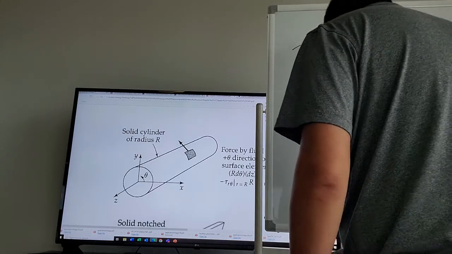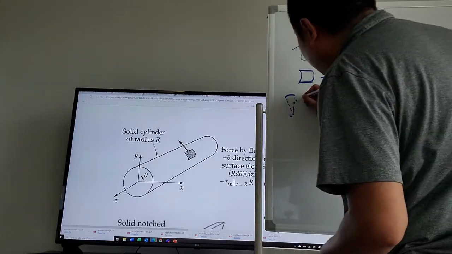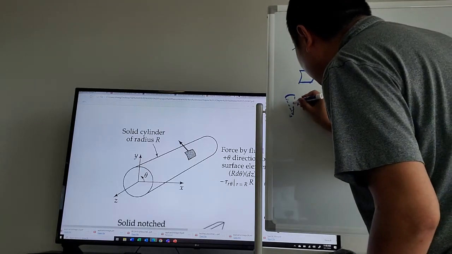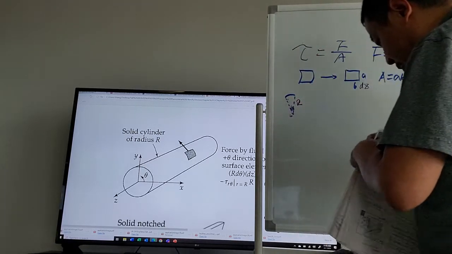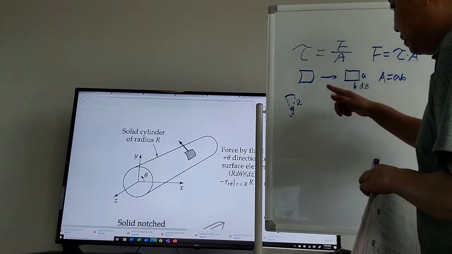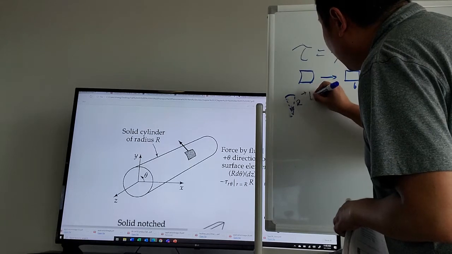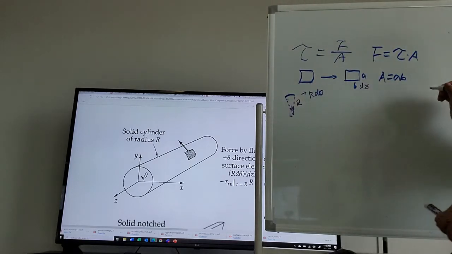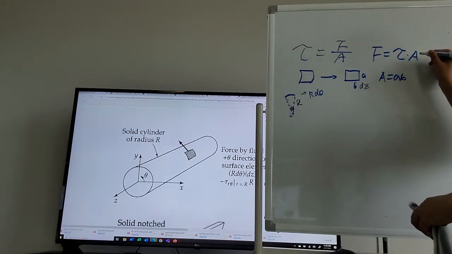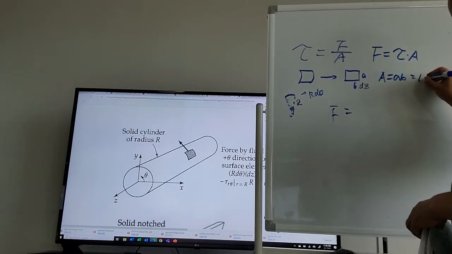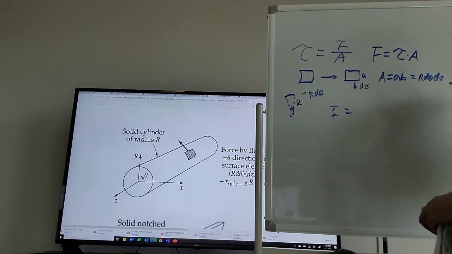So let's say this is the radius r, and this is d theta. So the length of the arc is r d theta. So then we know the area for this case is r d theta dz.